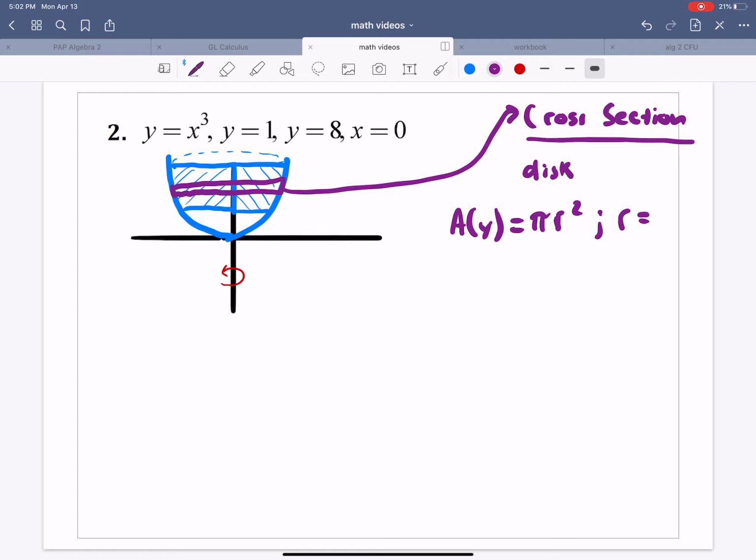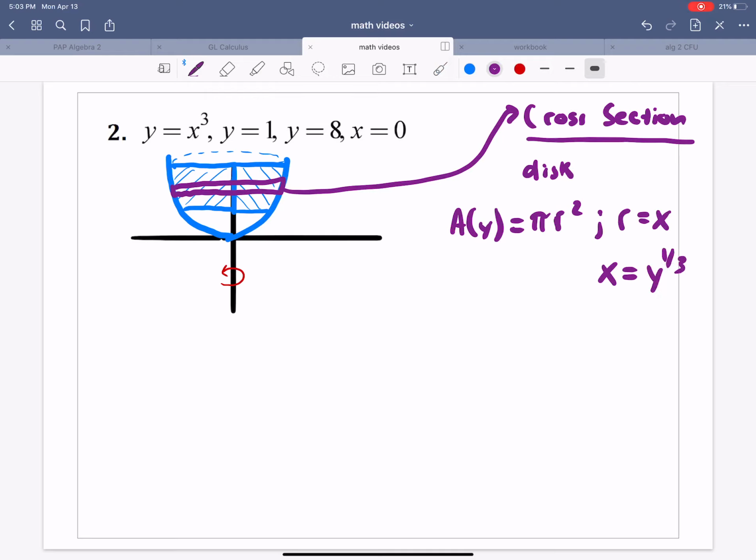Now, remember, r is your radius, and that's going to be this distance right here. So that distance means I need to find the x-coordinate of the point along this curve, okay? So for here, r equals x, and x, you have to be really careful with this, okay? If you solve this first function, y equals x cubed for x, you end up getting that x equals y to the 1/3 power.